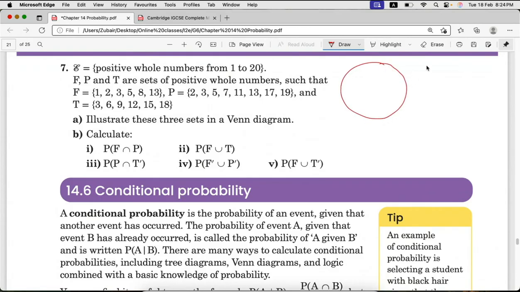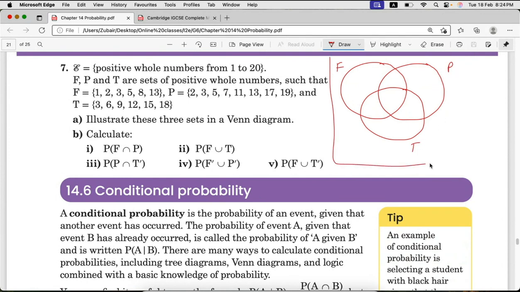F, P, and T. This is F, this is P, this is T. So before writing, we'll need to look at them closely if they appear in 1, 2, or more.